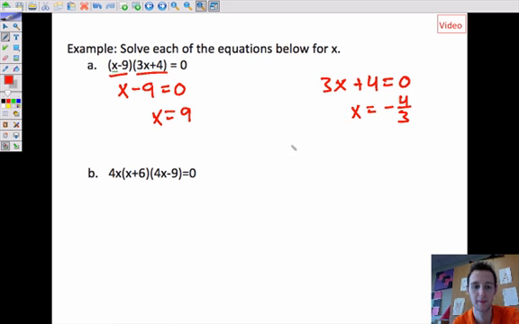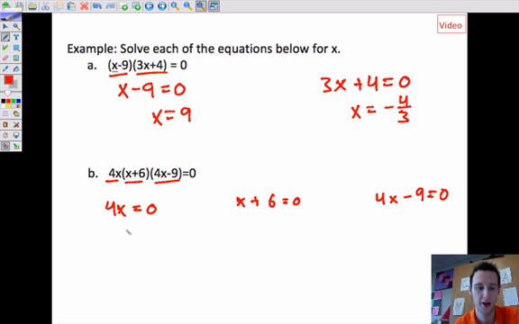The next example, there are 3 pieces, so it's a product of 3 terms. So you set each term equal to 0 again and solve them for x. So here x would equal 0, here x would be negative 6, and here x would be 9/4.